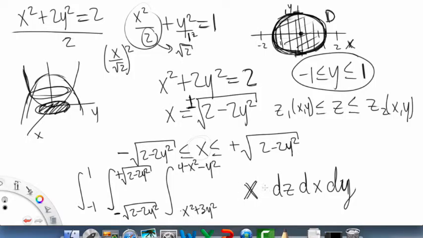But as you see here, if we look at the inner integral, we are integrating with respect to z and holding x and y constant. But the important part here is the bounds for z include both x and y.